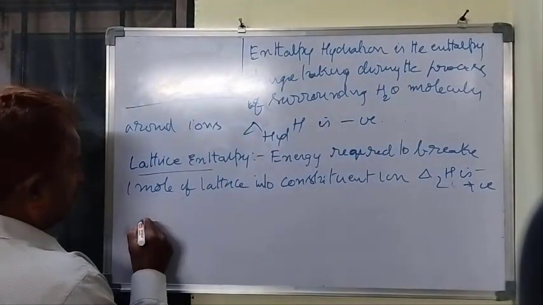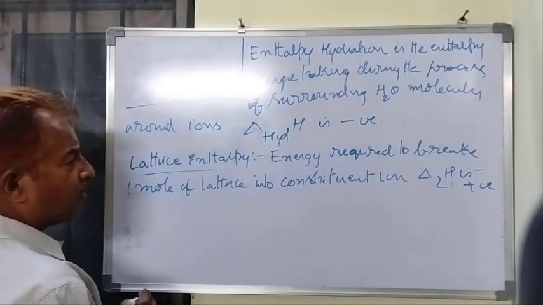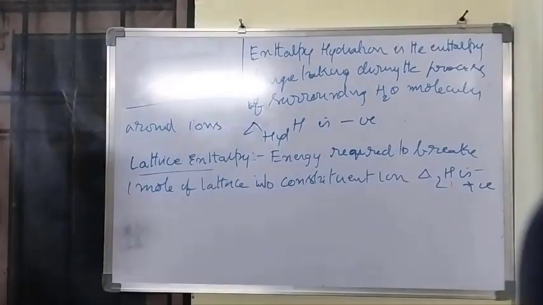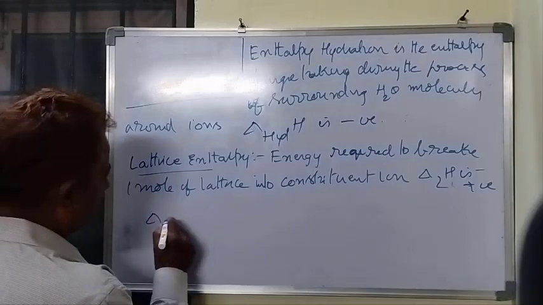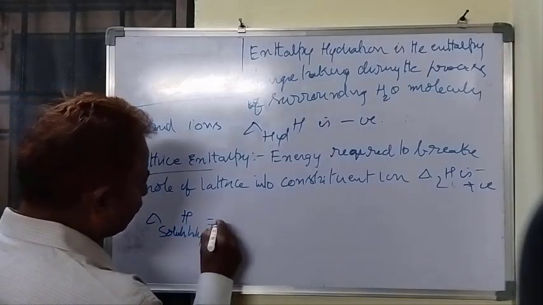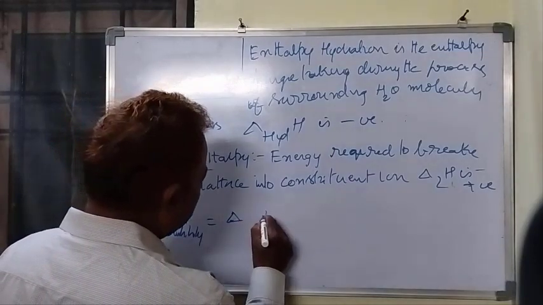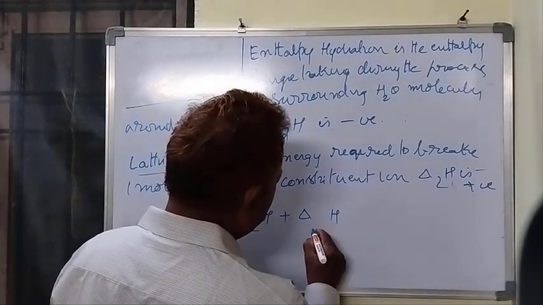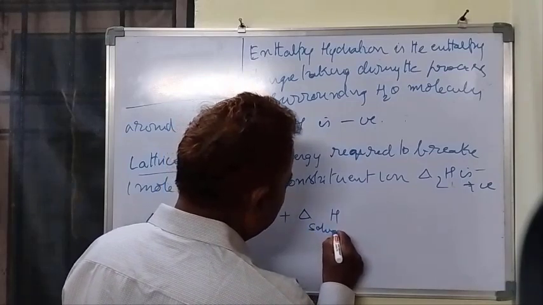Now, enthalpy of solubility. Delta H solubility is equal to delta H L plus delta H solvation.